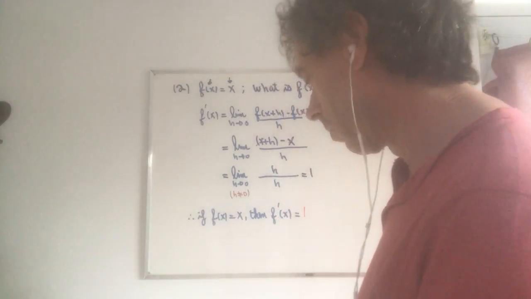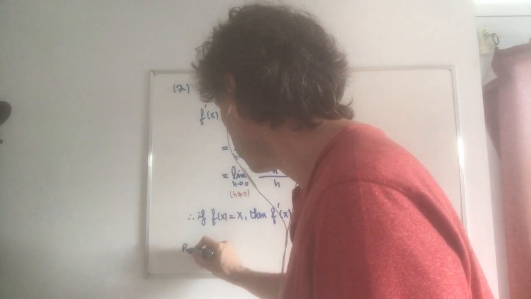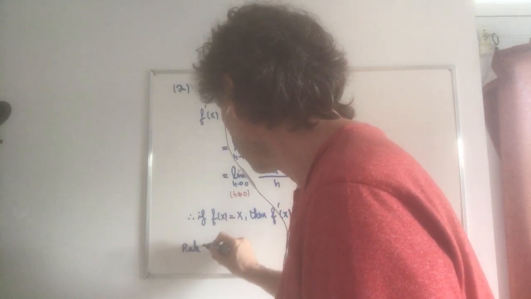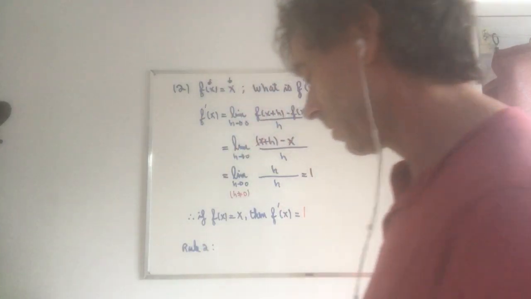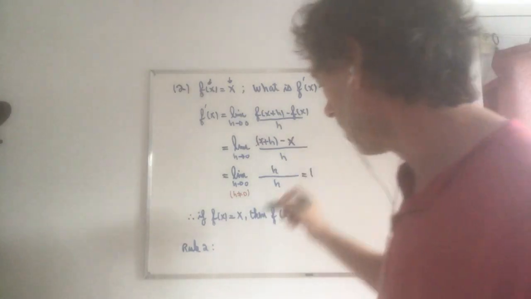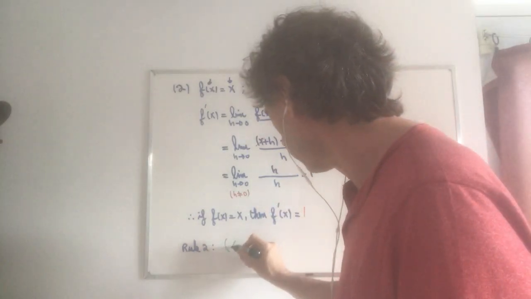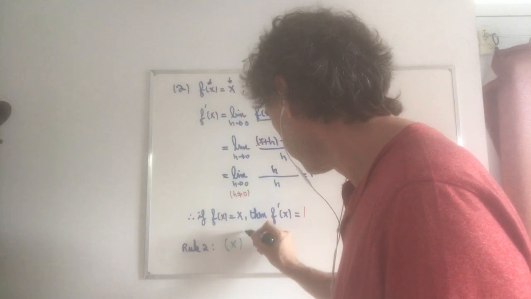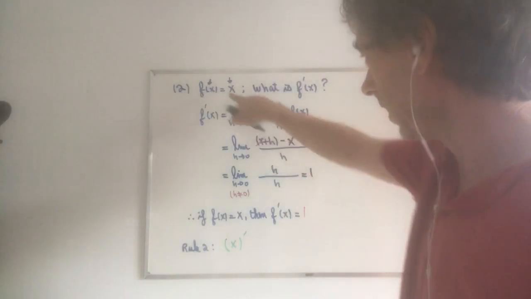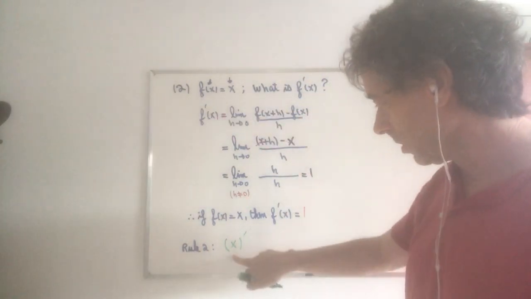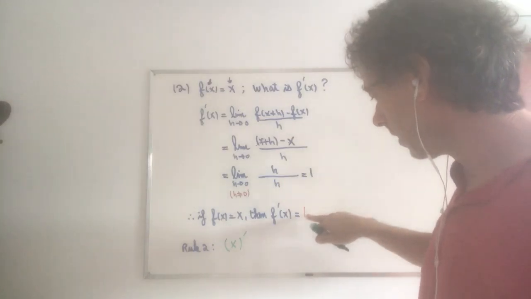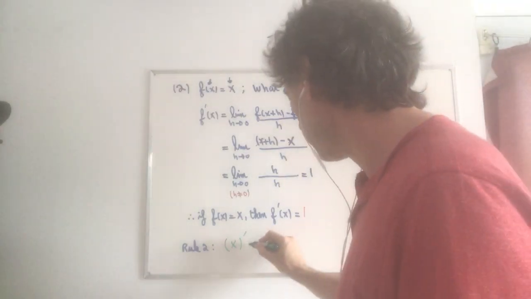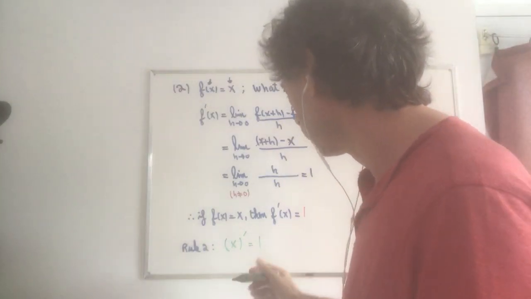So rule 2, second rule of derivatives. Let us write it with the prime embedded already into it. The derivative of the function x, right? f of x equals x. The derivative of that function is 1. And that is rule number 2.